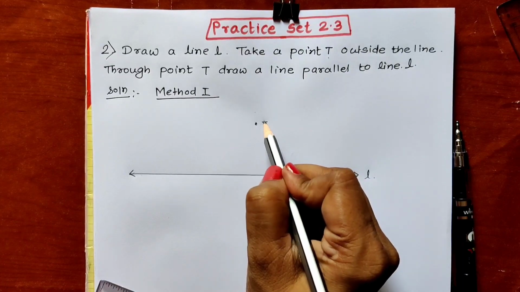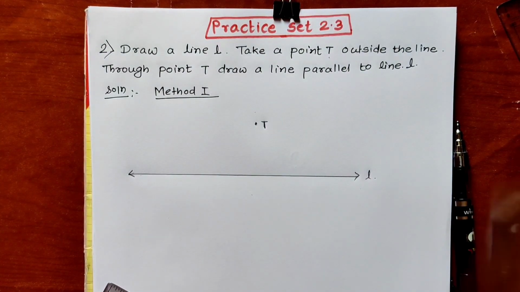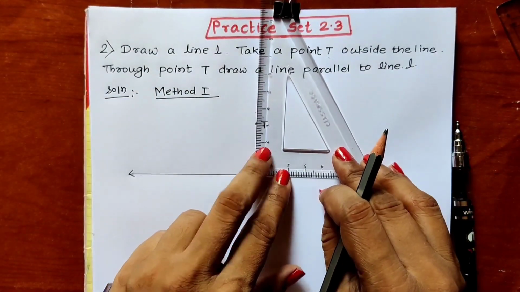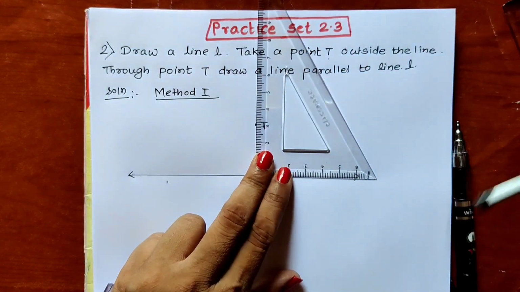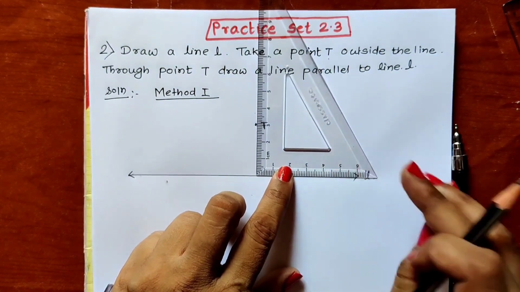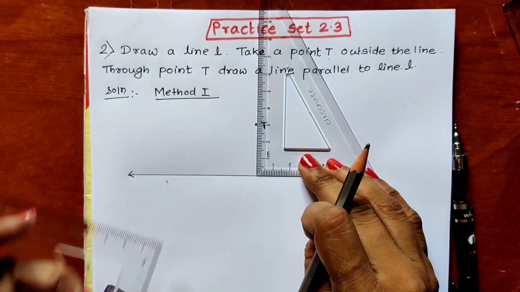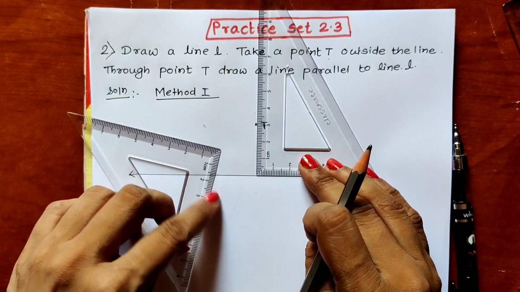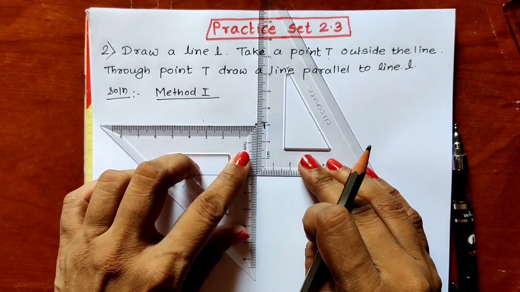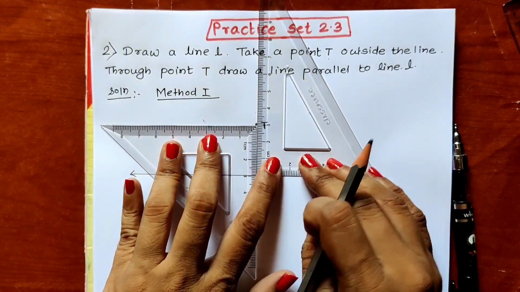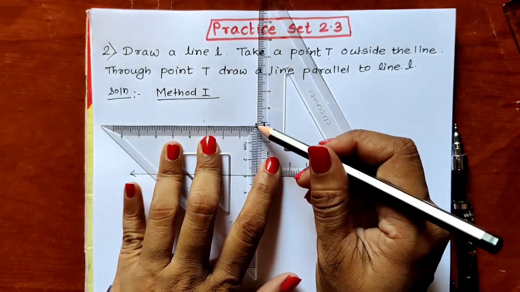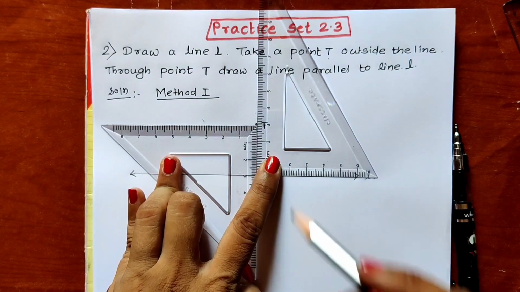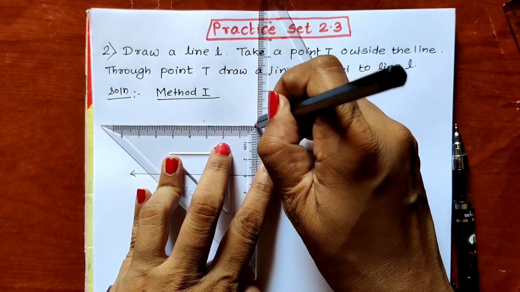This is my point T, and now I will be placing my set square in such a way that this base should match with line L and the height should pass through point T. So in this way I have to place my first set square, and second set square I will be placing in such a way that one side should match with height of first set square and other side should pass through point T, so that I can draw a horizontal line which passes through point T. So in this way I have placed both my set squares, and now I will be drawing a line.